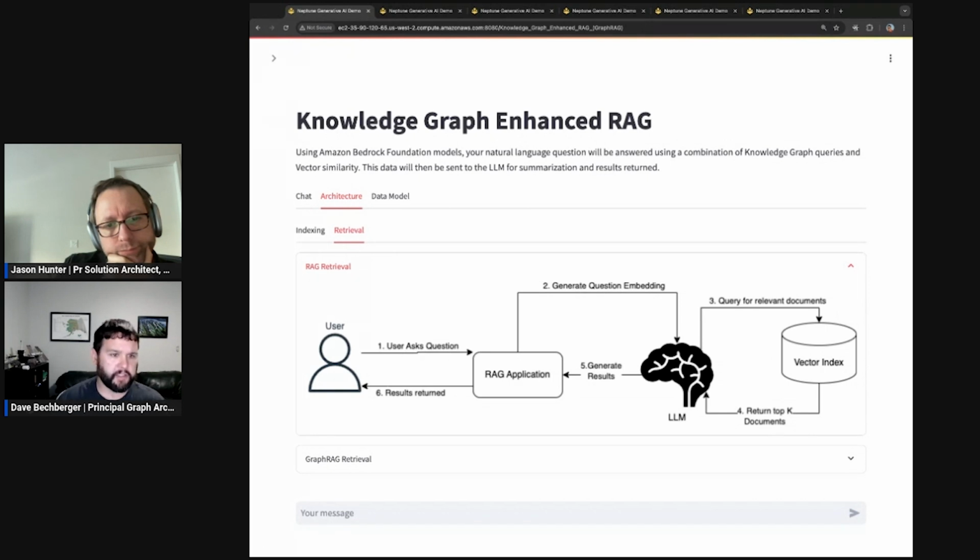That question generates some sort of embedding. That embedding is used against the vector index. The vector index does some sort of cosine similarity or HNSW algorithm to figure out the top K closest. A fancy way to quickly find similar vectors. Yeah, a fancy way to find out that water and H2O are similar to each other.